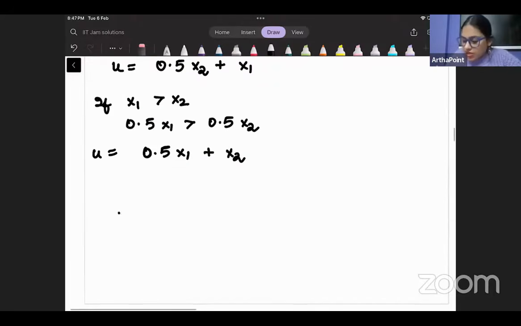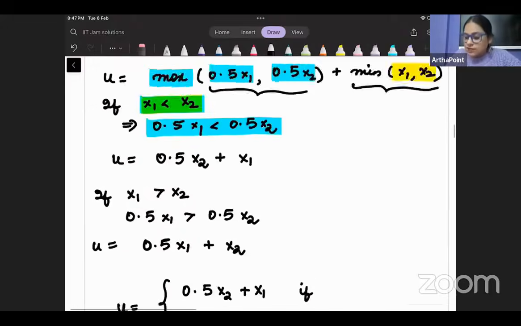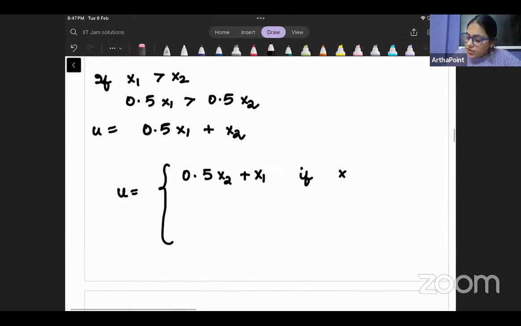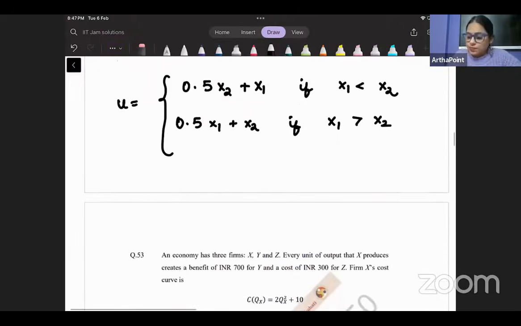So we can rewrite our utility function as 0.5 x2 plus x1. कब होगा ये बच्चे? When did we find this? If x1 is less than x2, and it can be written as 0.5 x1 plus x2. बच्चे ये कब होगा? If x1 is greater than x2.